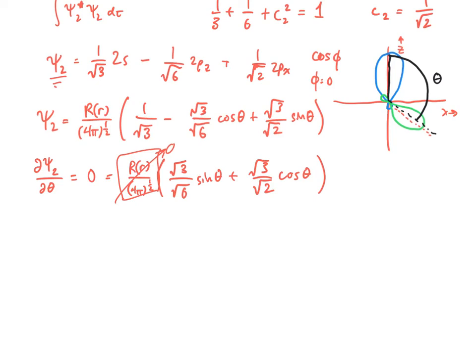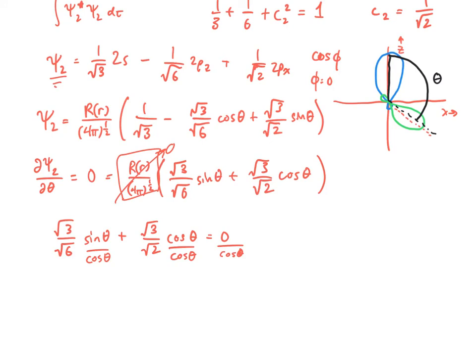So let me rewrite exactly what I get there. I'm going to have square root of 3 over square root of 6 sine theta plus square root of 3 over square root of 2 cosine theta equals 0. And now I'm going to divide everything by cos theta, even this one, though of course that's just going to become 0.